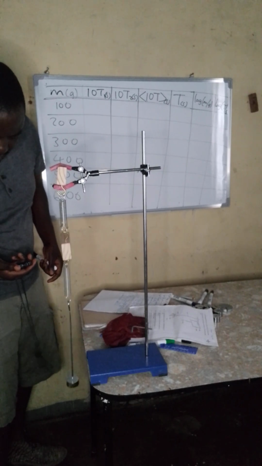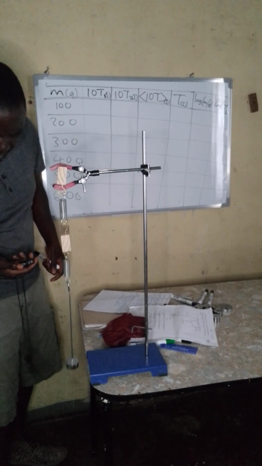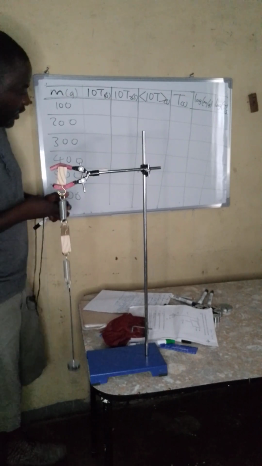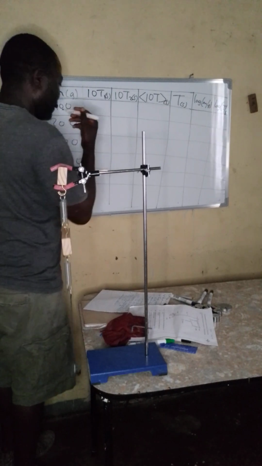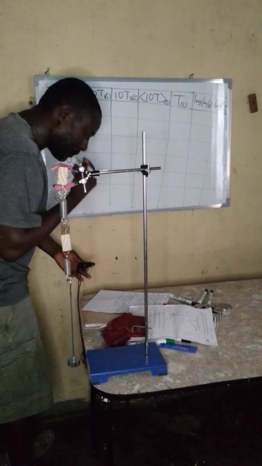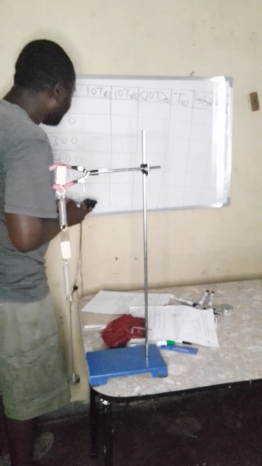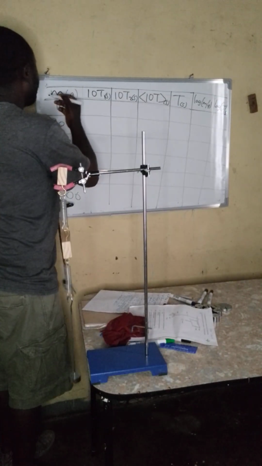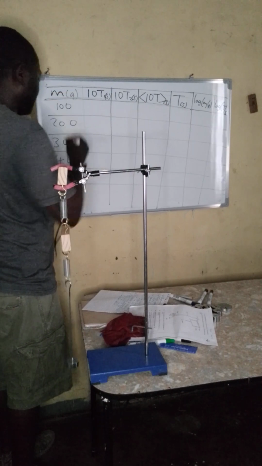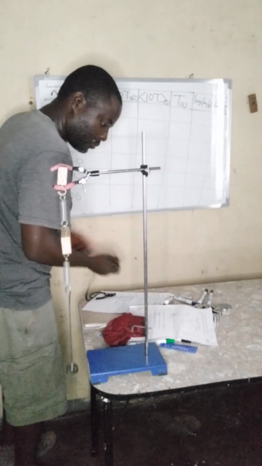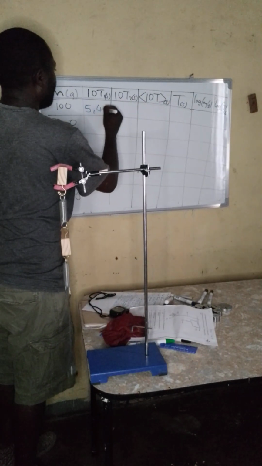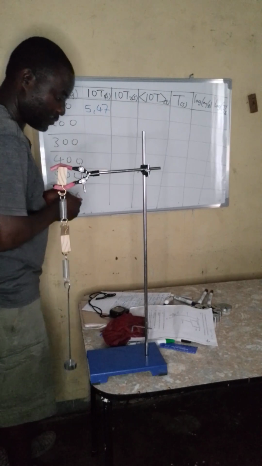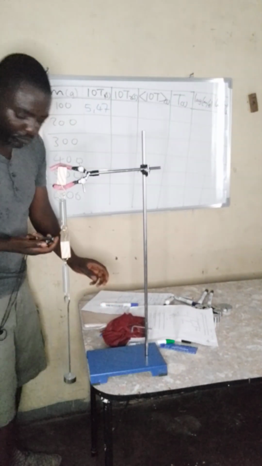0, 1, 2, 3, 4, 5, 6, 7, 8, 9, 10. 5.47. I can redo again.